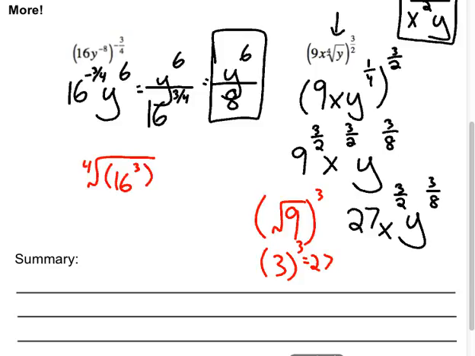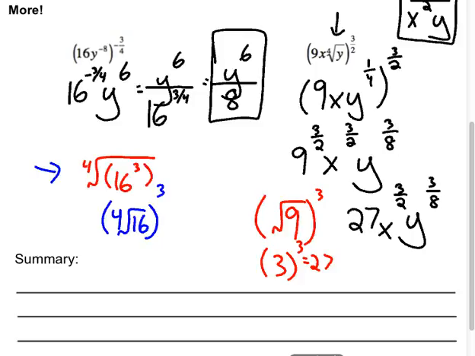So I want to go back to this example right here. Okay, so notice as I was simplifying that, I did it in a slightly different order than I showed you in the previous notes, but ultimately got me to the same place. Okay, now let me show you why. So here, let's say I wanted to do the root piece first and then deal with the power.